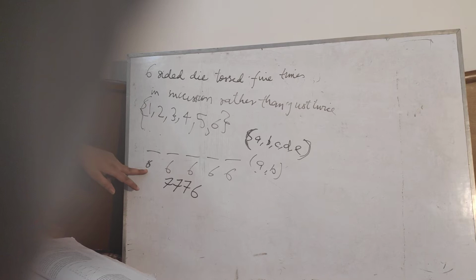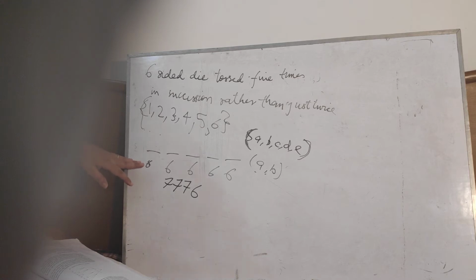You take the number of possible choices here, and for each possible choice you multiply it with the number of choices here, right? The number of possible branches here. So all the end points you get, all the end outcomes you get.